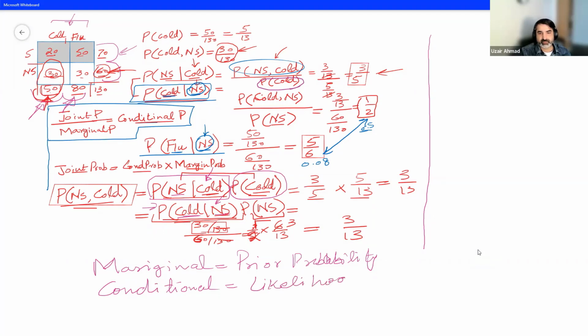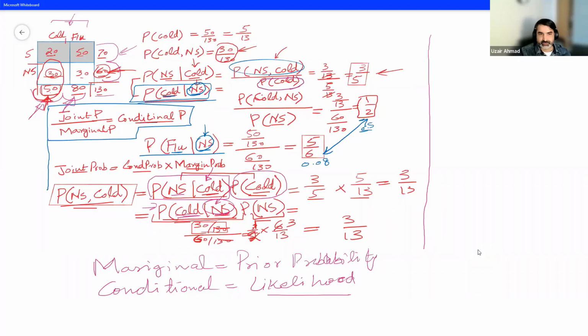It is from our data, from 130 observations, what is the likelihood if a new person who comes in and the person is not sneezing, what's the probability that the person has cold? What's the probability that the person has flu? Given the symptom, we want to calculate the likelihood of diagnosis.